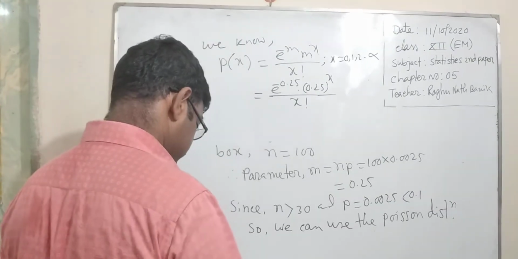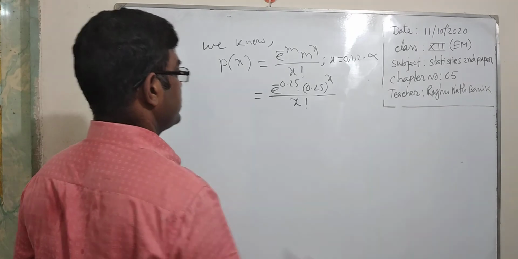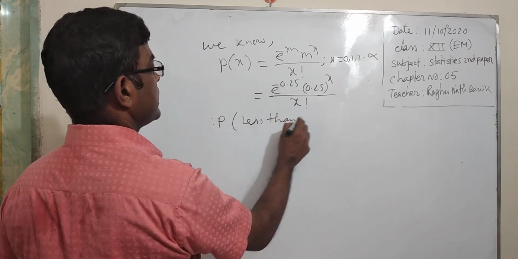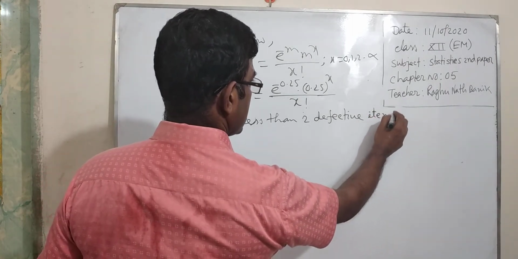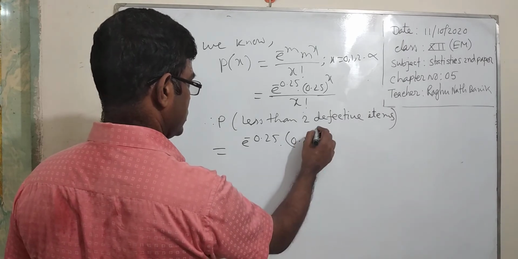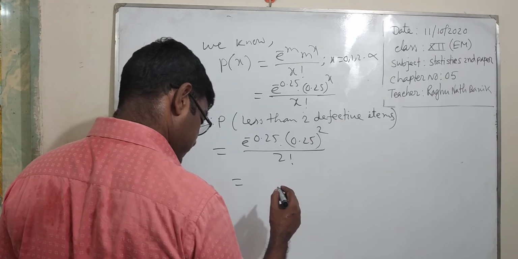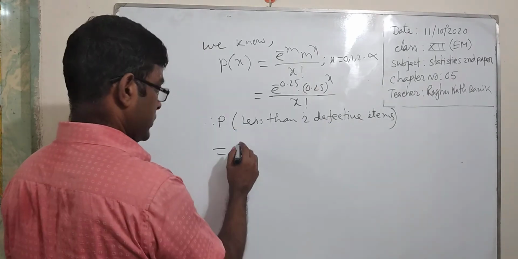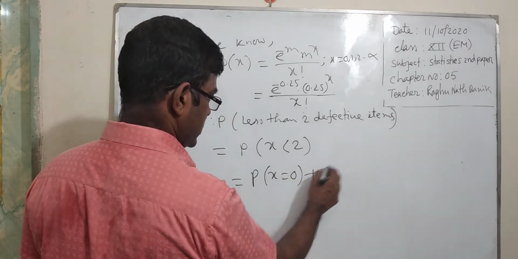Now we can calculate the probability of less than 2 defective bulbs. We can write probability of x less than 2. That means probability of x equal to 0 plus probability of x equal to 1.